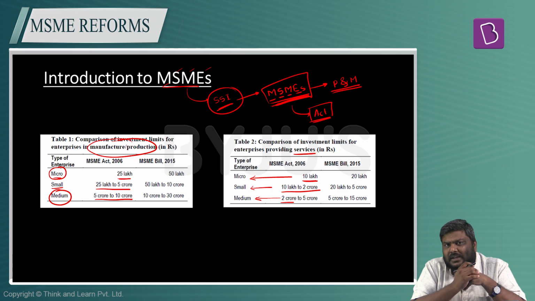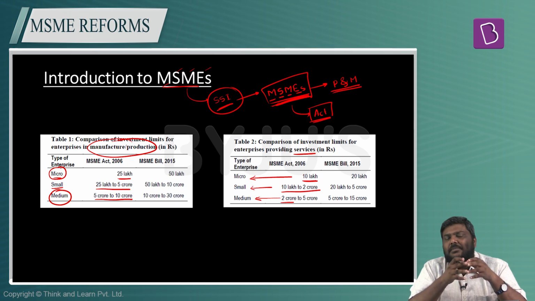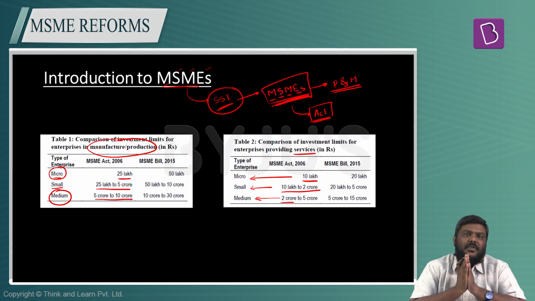Now, one of the drawbacks of this particular classification is that the experts are of the opinion that this limitation on the investment in plant and machinery will have a limiting impact on these micro, small and medium enterprises. Why?